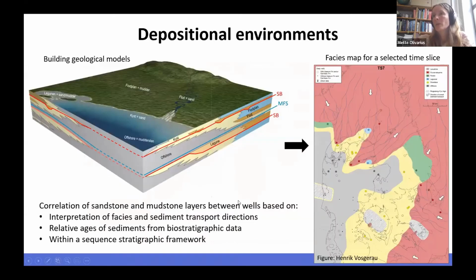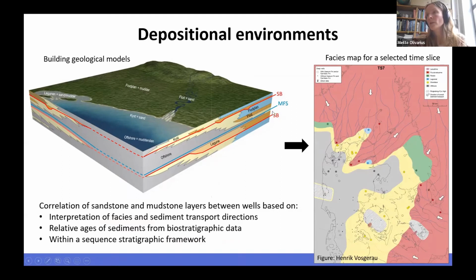So this is the kind of environment that the sediments were deposited in. The sand was supplied from mountains in the back and flowed in rivers to the coast. So sand has been deposited both in the rivers, along the coast, and in lagoons, etc. When you have a cross section of this, you can see how the coastline has moved back and forth.